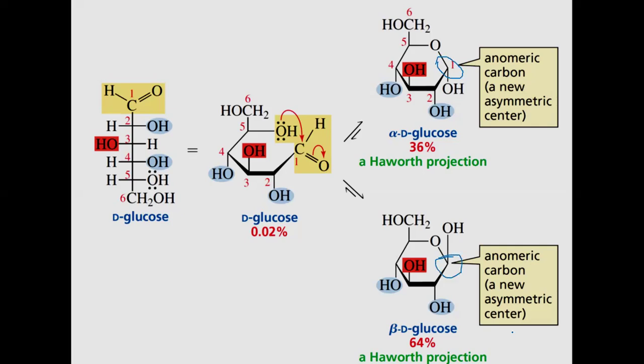Cyclic sugars that vary in stereochemistry around only their first carbon are called anomers.